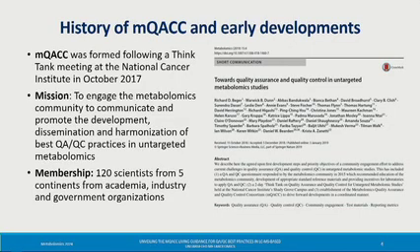The mission is to engage the metabolomics community to communicate and promote the development, dissemination, and harmonization of best QA/QC practices in untargeted metabolomics. Since the inception in 2017, the think tank has developed into an international consortium, and we published our first paper in 2019 in Metabolomics.